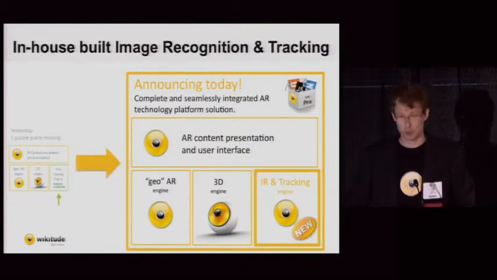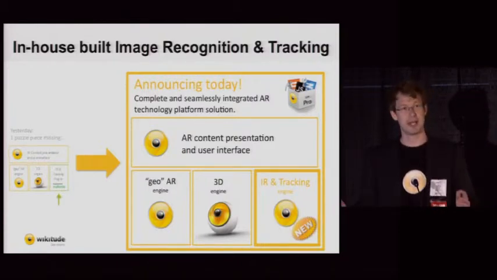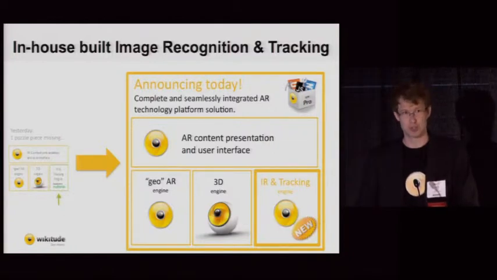But we're happy to announce this week that we will release a new update of our Wikitude SDK very soon, where we will drop the support of the Vuforia SDK and come out with an in-house, fully optimized and seamlessly integrated AR solution for image recognition within our SDK.